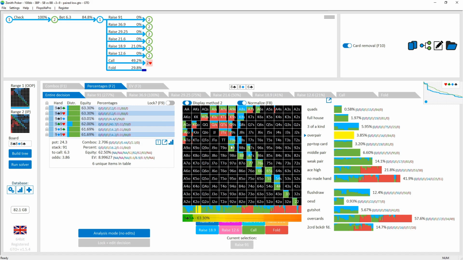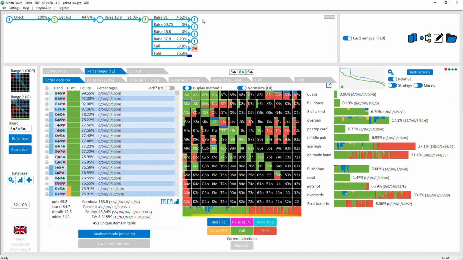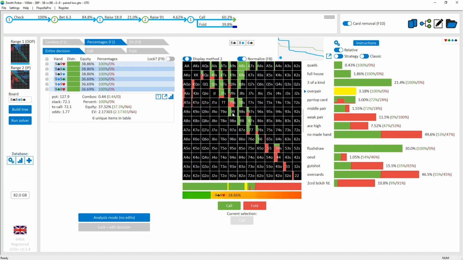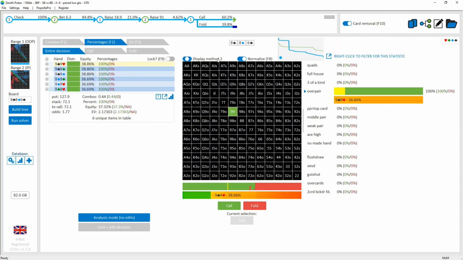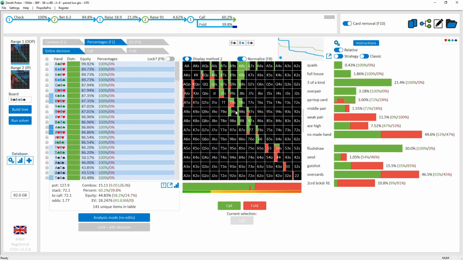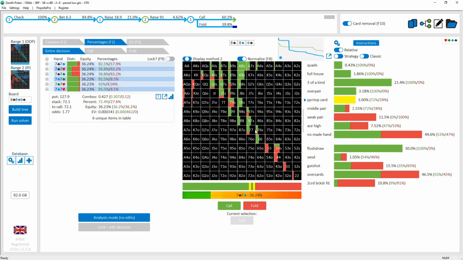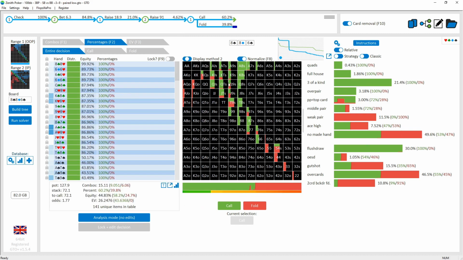But because there's a flush draw on the board and flush draws are so strong, you actually don't want to get all the money in too early with that particular hand. Of course, if you do get jammed on, you're going to be calling it off with pocket 9s and only really have 36% equity. Pocket 7s will have a little bit less than 36%. Yeah, around 36. Sorry, 38 for pocket 9s, 36 for pocket 7s. And obviously the trips will snap it off.